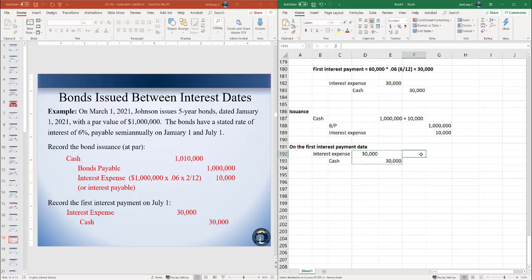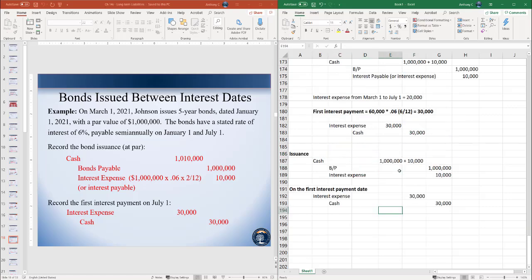So notice then if we offset the interest expense in these two journal entries, with the T account, you would end up with a $20,000 debit balance in interest expense. This exactly matches the interest expense from March 1st to July 1st as we would expect.